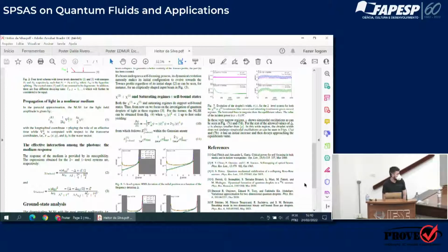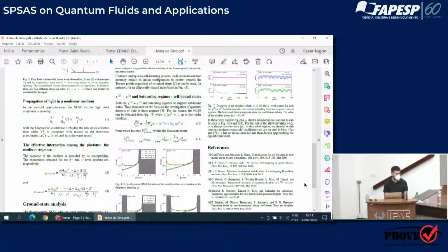So basically, the description is given by this equation 1. As you can see, this is very similar to the Gross-Pitaevskii equation, if the second term on the right-hand side, the external potential, has its role played by the response of the medium, the susceptibility. In most cases, this response is nonlinear.